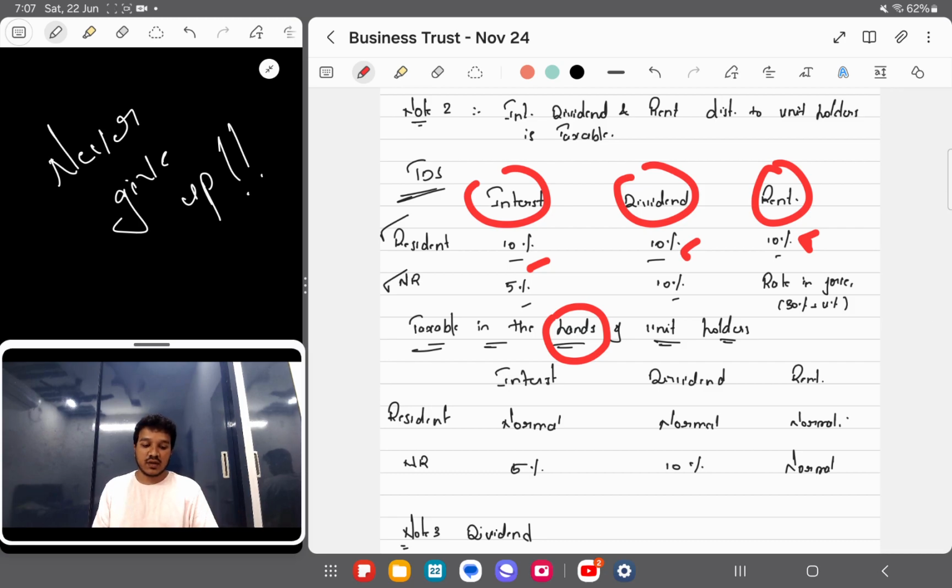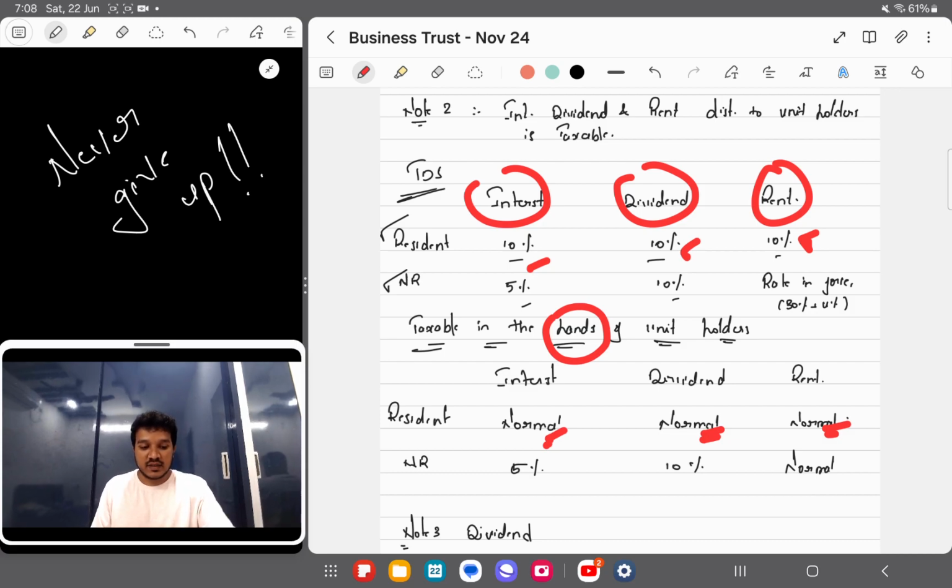At the end of the year, it would be chargeable to tax as per normal tax rates, as per slab rates, whatever slab rates are applicable to that individual. This is very easy to remember in case of residents. First, TDS is 10% in all the three cases, and then ultimately in the hands of unit holders it is chargeable as per normal tax rates.